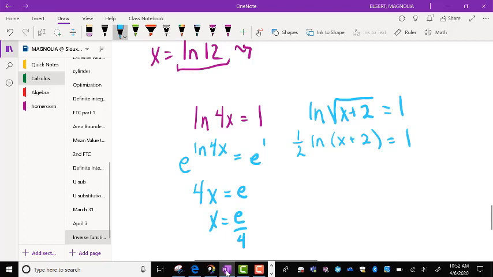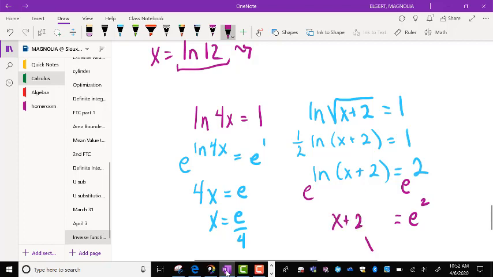Then I could multiply by 2, so I'd get the natural log of x plus 2 equals 2. Now my natural log is more isolated, so I can use e. So I get e to the second here. These cancel, and I get x plus 2. So x equals e to the second minus 2, whatever that answer is.